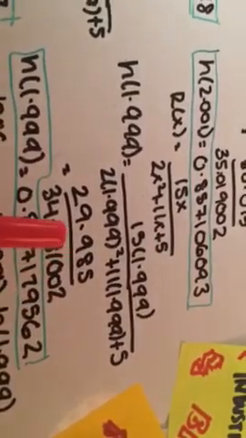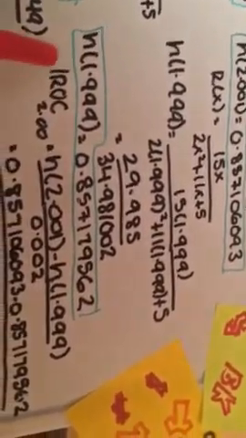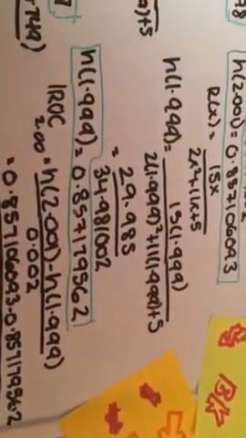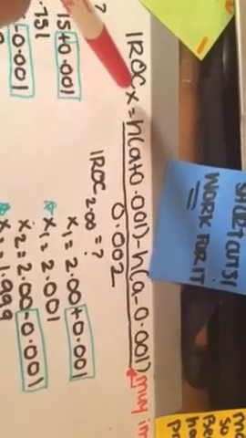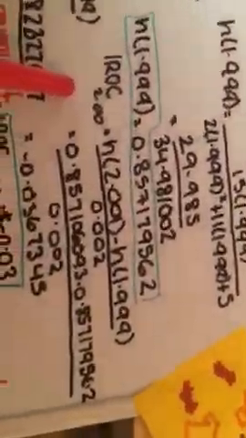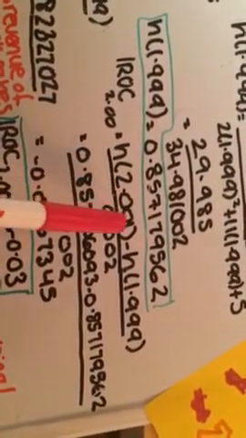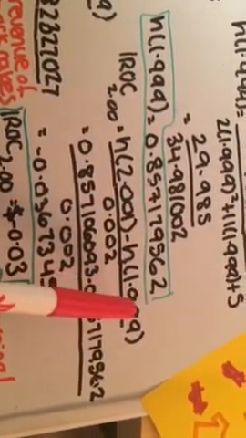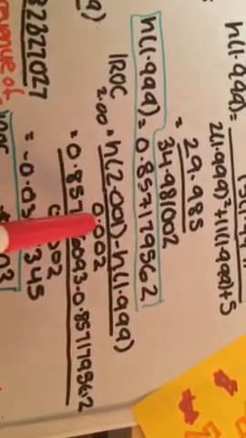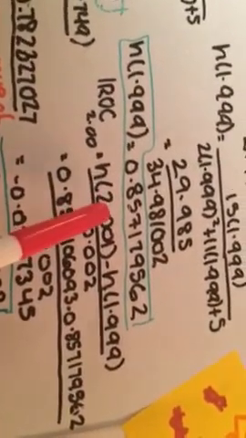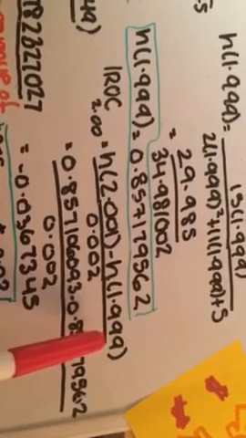So now that we have all the values we need for our IROC equation up here, we're going to substitute our values to solve for IROC of 2.00. So we have IROC of 2.00 is h of 2.001 minus h of 1.999 all over 0.002. Again, we get 2.001 and 1.999 from our x1 and x2 values here and here.